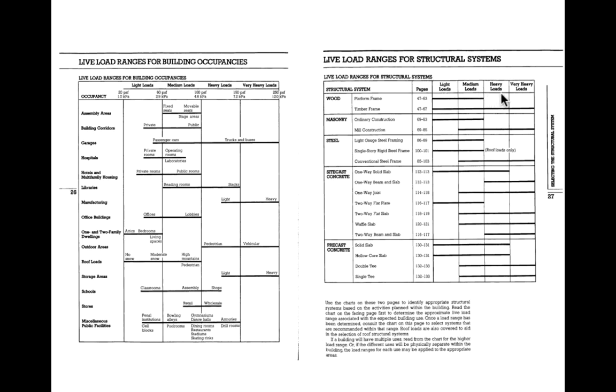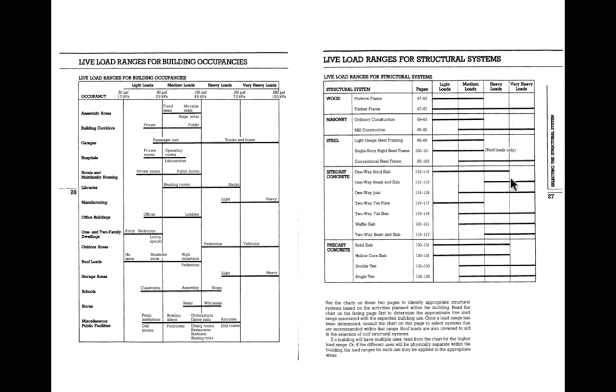You can see that we start to get restricted when we get to very heavy loads. So anything that's vehicular, manufacturing, heavyweight storage, we're going to have certain types of construction, lightweight steel, rigid steel frames, two-way flat plates, things like that, where we're no longer able to use every structural type that we can think of.